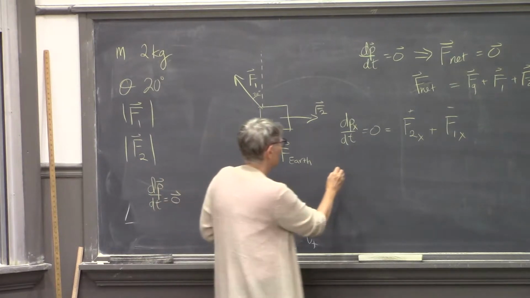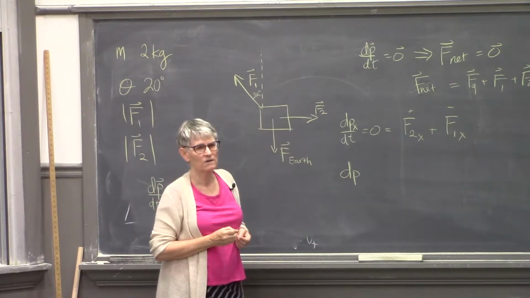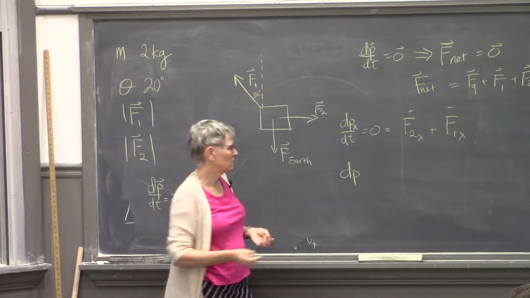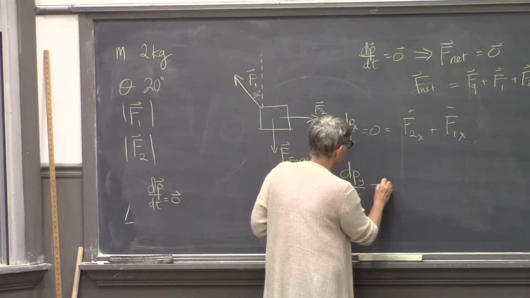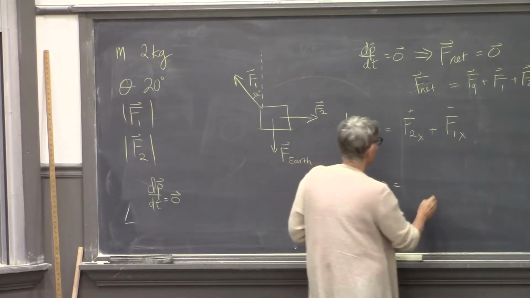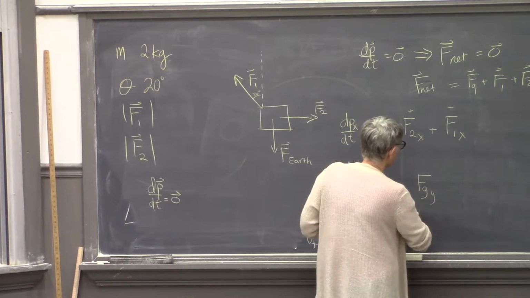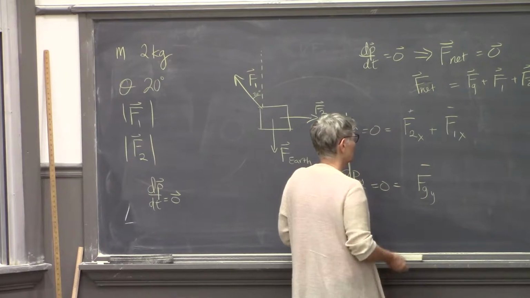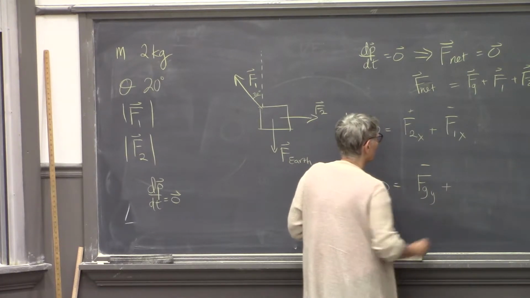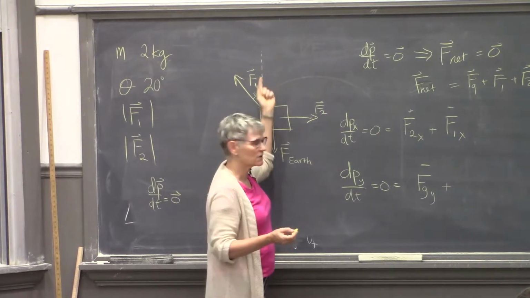Is that it? Are we done with x? We're done with x. dpy/dt equals 0, and that's equal to the y component of the gravitational force, which is negative, plus the y component of this F1, which is going to be positive.